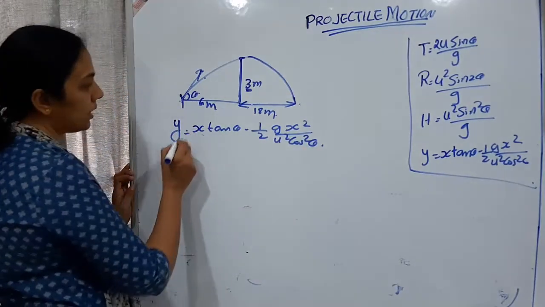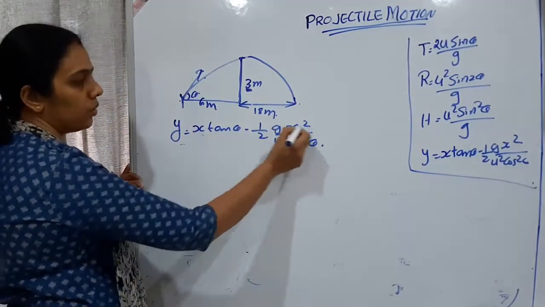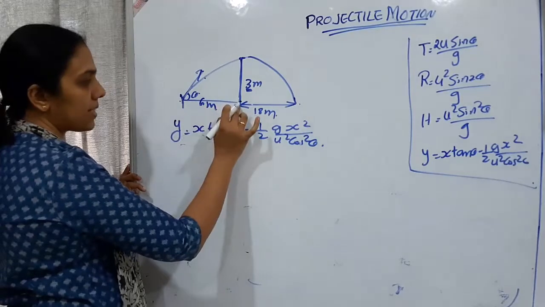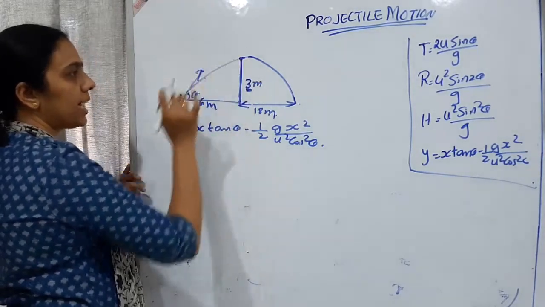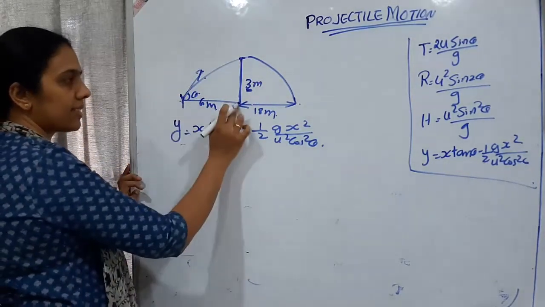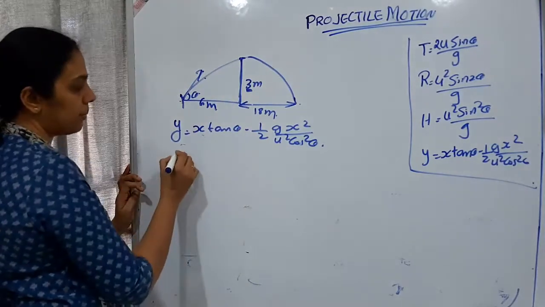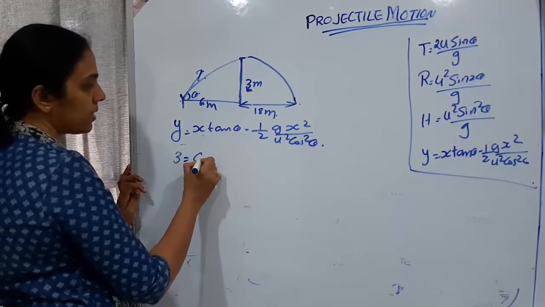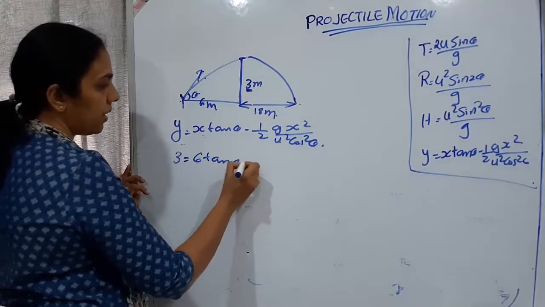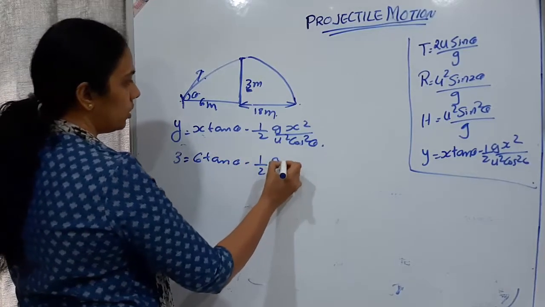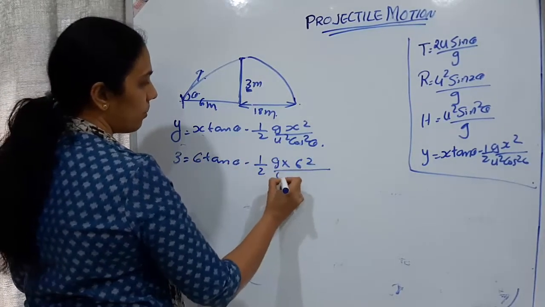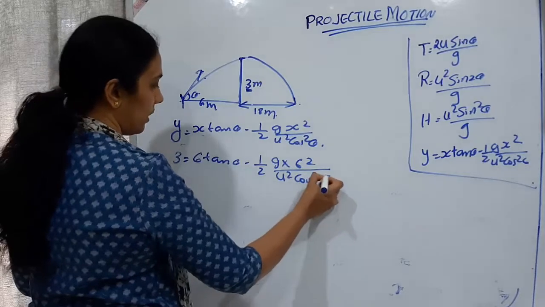Substituting the values of y and x, here the x is 6 meter and y is 3 meter. Therefore 3 equals 6 tan theta minus half g into 6 square divided by u square cos square theta.